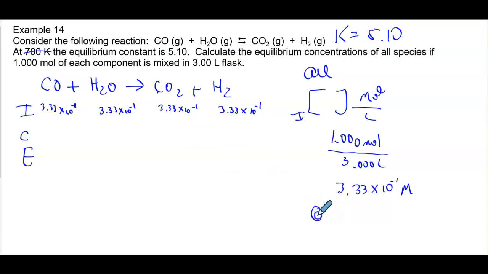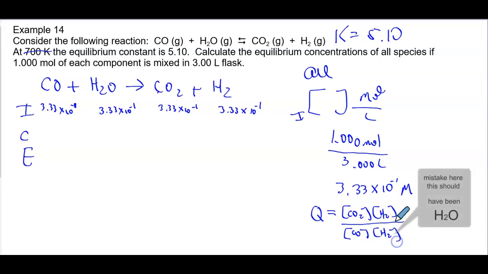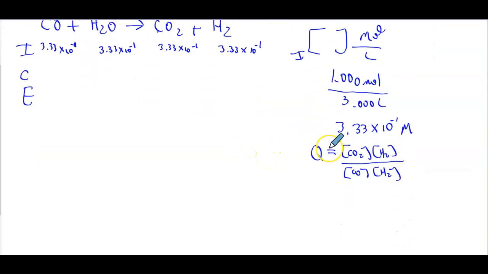So to figure out our Q, we know Q is the same thing as a K, except that it's at a non-equilibrium position. A Q is still, if you recall, multiply my products and multiply my reactants. None of these are raised to a coefficient because all of them have ones in front. Okay, continuing on, we're going to figure out what Q is.